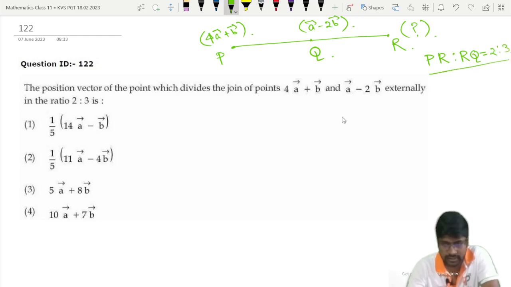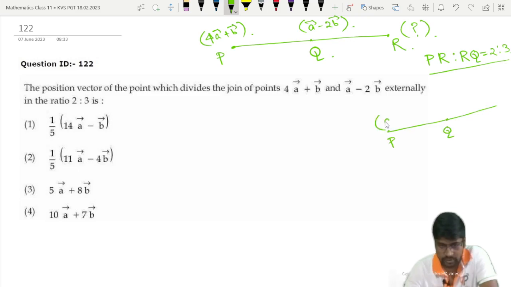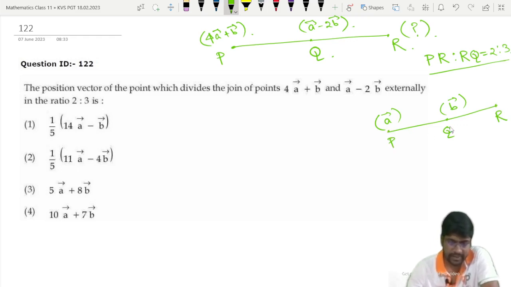From the question we have this information, and we know one formula: suppose we have 2 points, P with position vector say a and Q with position vector say b, and they are divided externally in the ratio m is to n by the point R. That means PR is to RQ is m is to n.